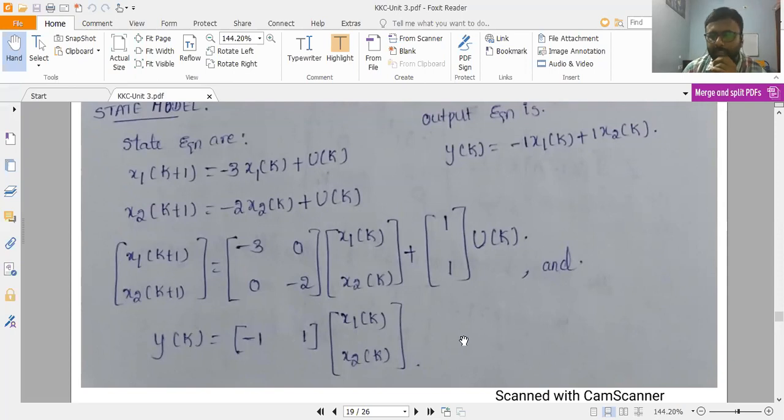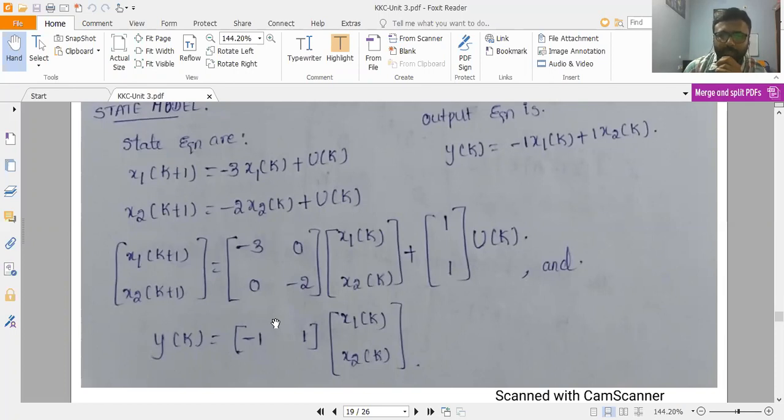Here the E matrix is 0. Comparing this matrix with the fundamental one, we obtain the matrices A, B, C and D, and the E matrix is 0. Okay. So with this, we have completed the first statement of the problem.